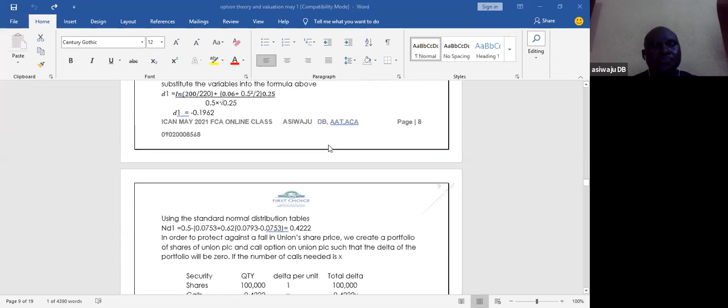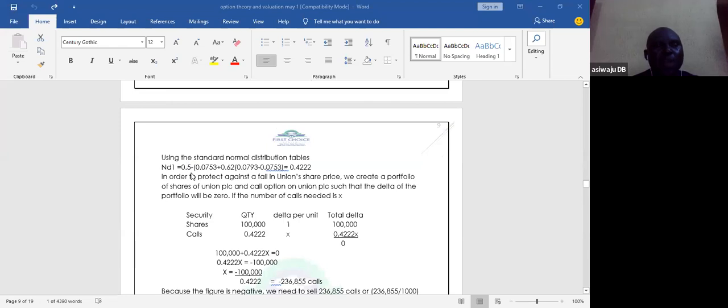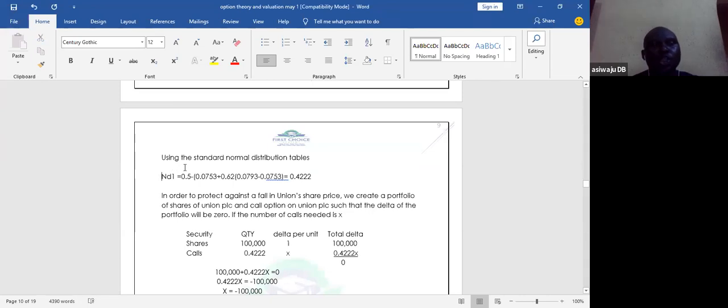This is where we are now. Let me create a sheet here so you can see. You want to compute ND1 using the standard normal distribution table.